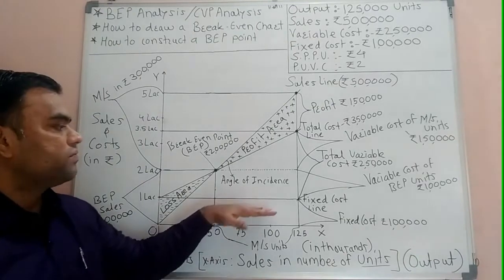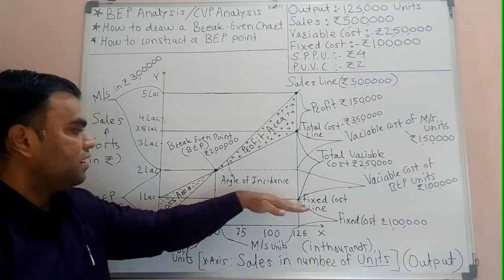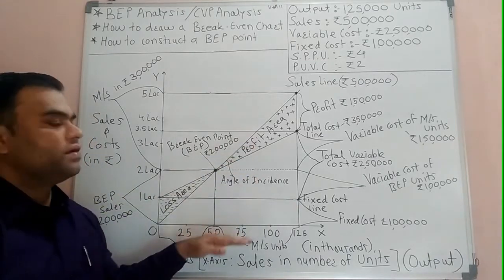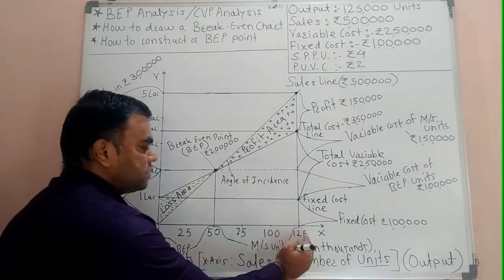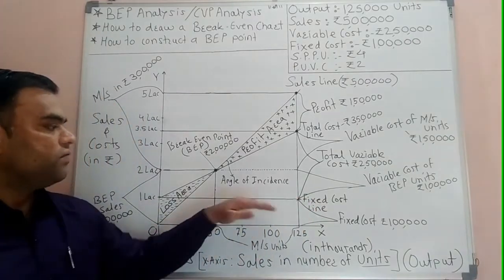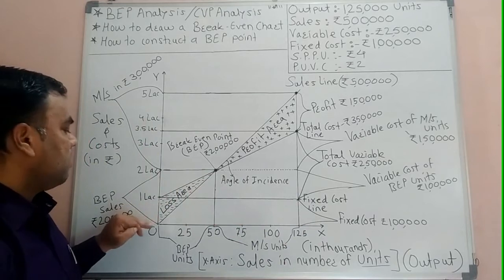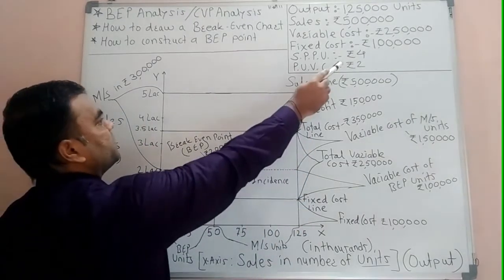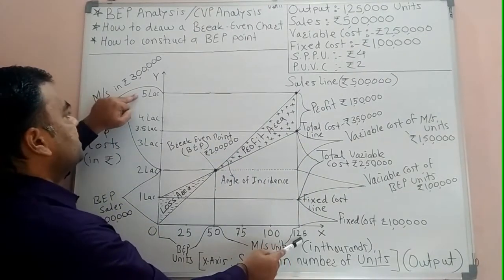What we have done: first we drew the fixed cost line, which is parallel to the x-axis, because fixed costs remain the same. They don't increase or decrease whether you increase or decrease production. Second, we drew the sales line. 1,25,000 units sold at rupees 4, so sales units 1,25,000 and sales in rupees 5 lakh.